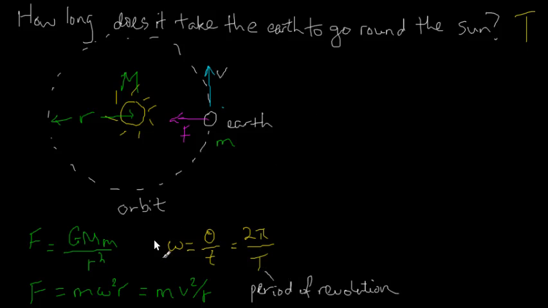Now the usual place to start is to look at the two forces and say, right, the centripetal force must come from the gravitational force in this case. So therefore I can equate those two.